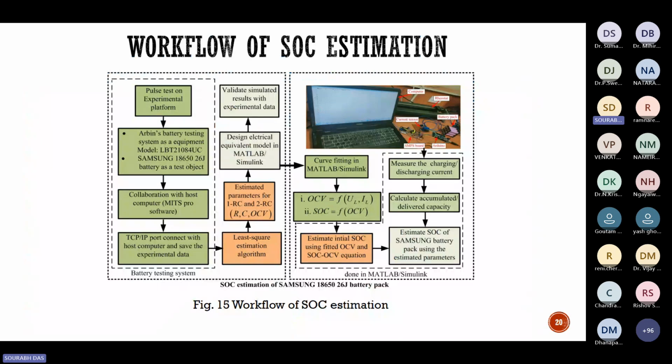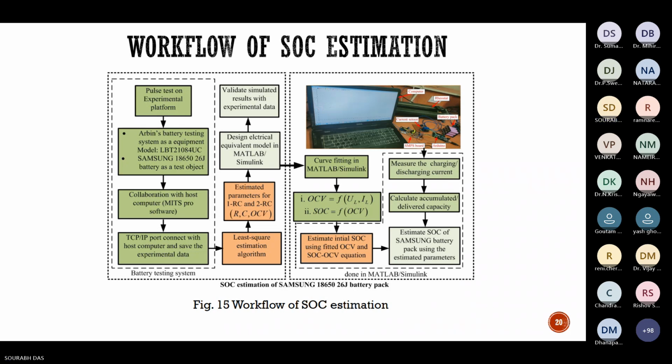So this is the workflow for the SOC estimation process. First, a pulse test is done in the Arbin battery testing system. This Arbin battery testing system is connected with the host computer through one IP port to save the experimental data.